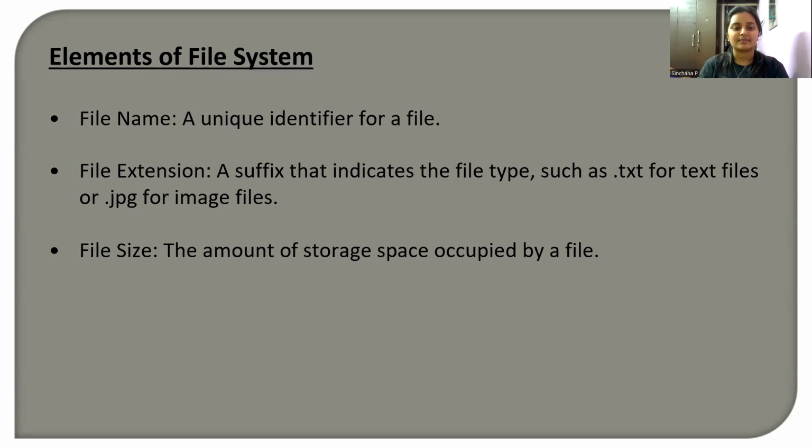Elements of the file system. File name, a unique identifier for a file. File extension, a suffix that indicates the file type, such as .txt for text files or .jpg for image files. File size, the amount of storage space occupied by a file.